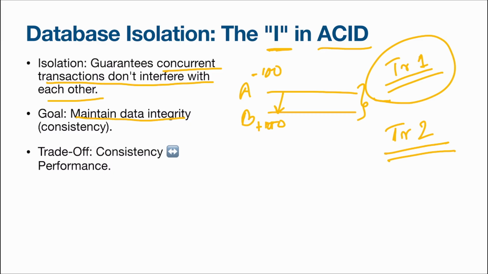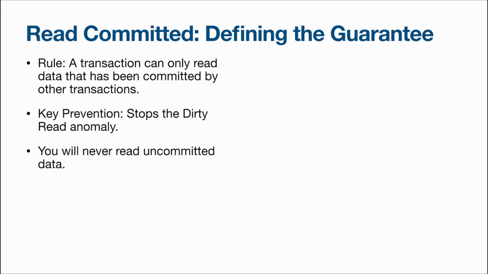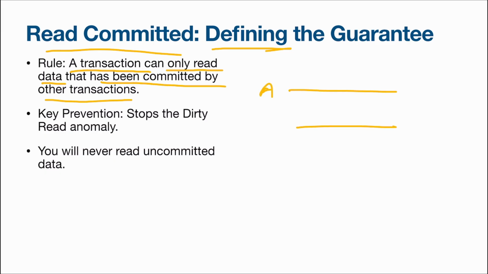Now let's get into what is read committed isolation. What is the definition of it? The definition is that a transaction can only read data that has been committed by other transactions. Going back to the previous example, let's say there are two rows, A and B, and transaction 1 is currently acting on them.